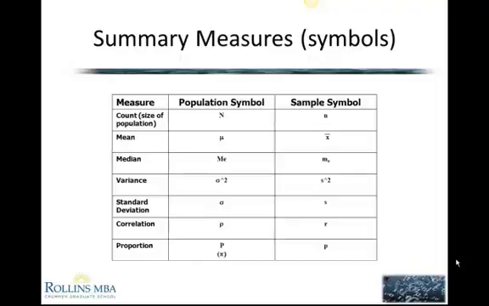And as you can see, different symbols are used for each of those. So for the mean, for example, we use the Greek symbol mu for the population, yet for a sample, we say x bar. If our variable is x, the mean of x we call x bar for a sample.